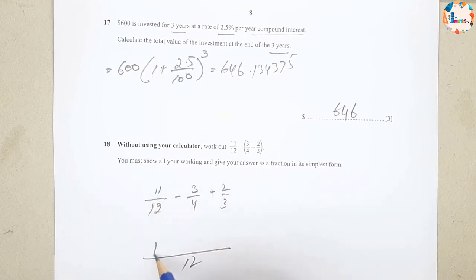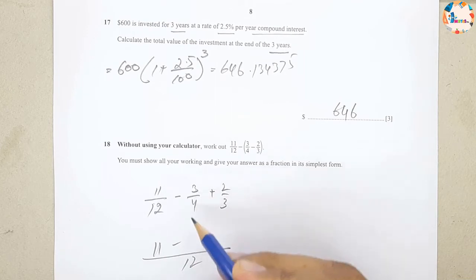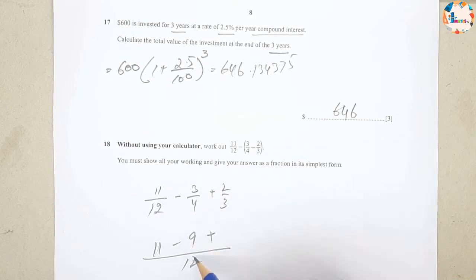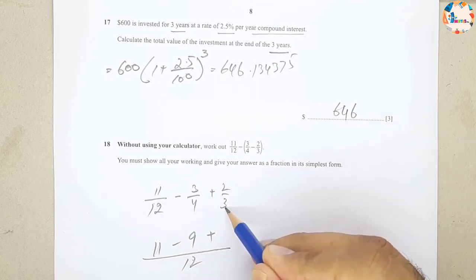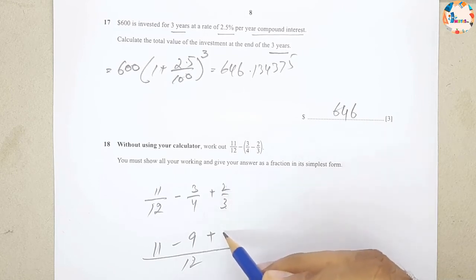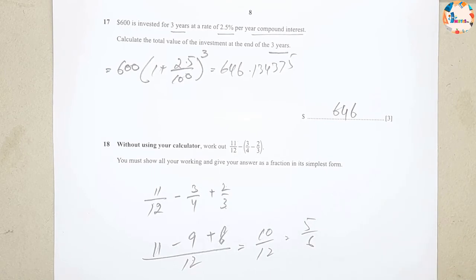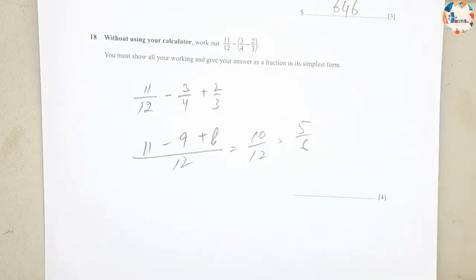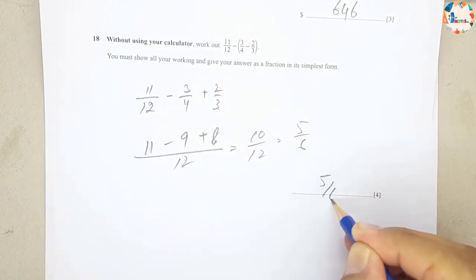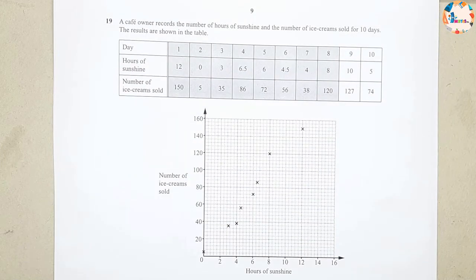So this will be 11 minus 12 divided by 4 will be 3, 3 into 3 will be 9, plus 12 divided by 3 will be 4, so 4 multiplied by 2 will be 8, and this will be 19 minus 9 will be 10, so 10 by 12, or we can write 5 by 6 as simplified fraction. So answer will be 5 over 6. It's a 4 marks question, it's easy.